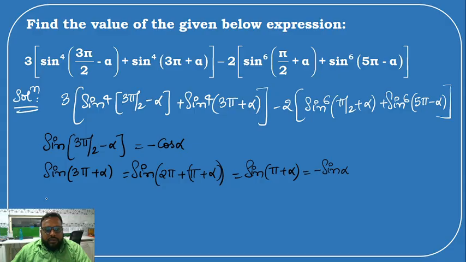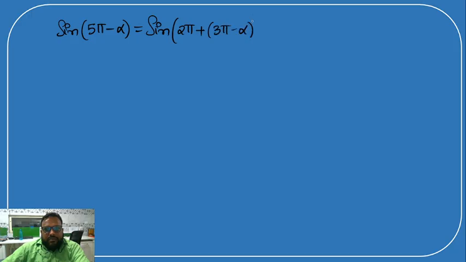Okay. So now next one, similarly I will find out sin of pi by 2 plus alpha. Okay. So pi by 2 plus alpha, this will be cos alpha. And the next one, we are having one more part, that is sin of 5 pi minus alpha. This I will write as sin of 2 pi plus 3 pi minus alpha, right?